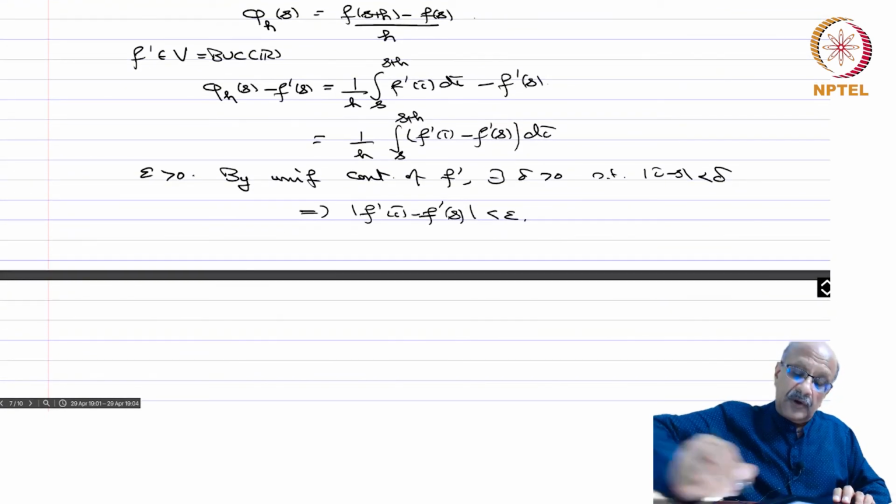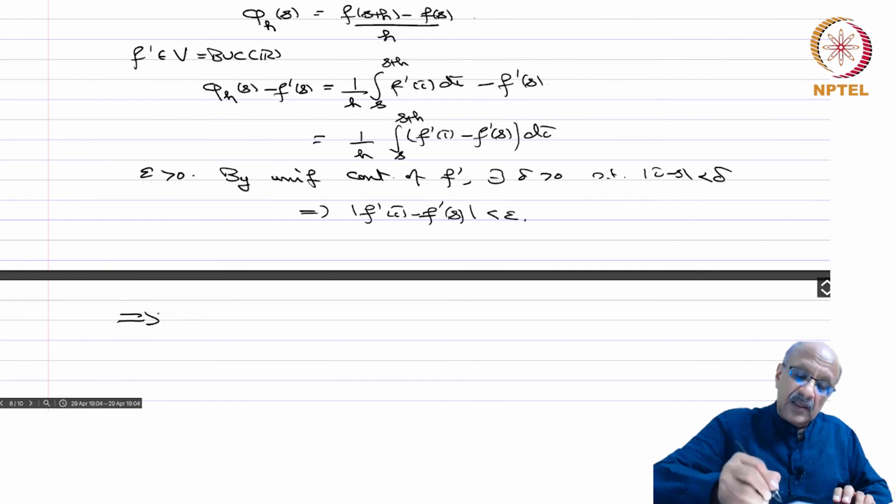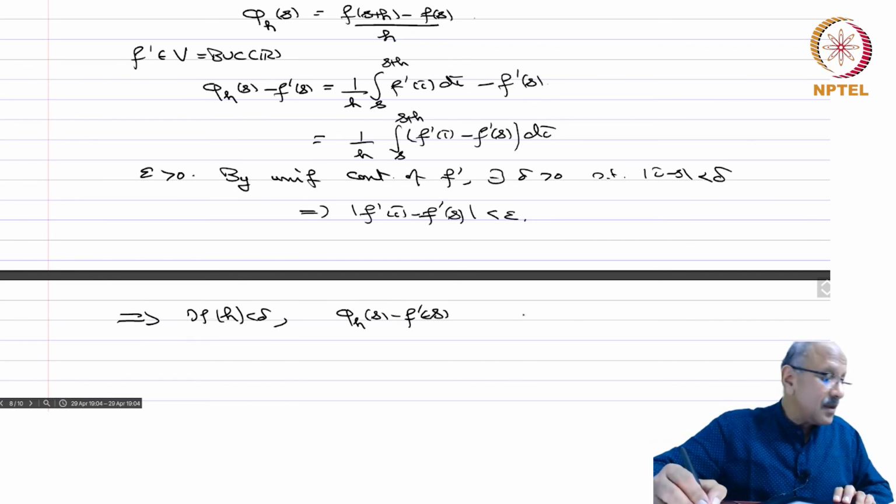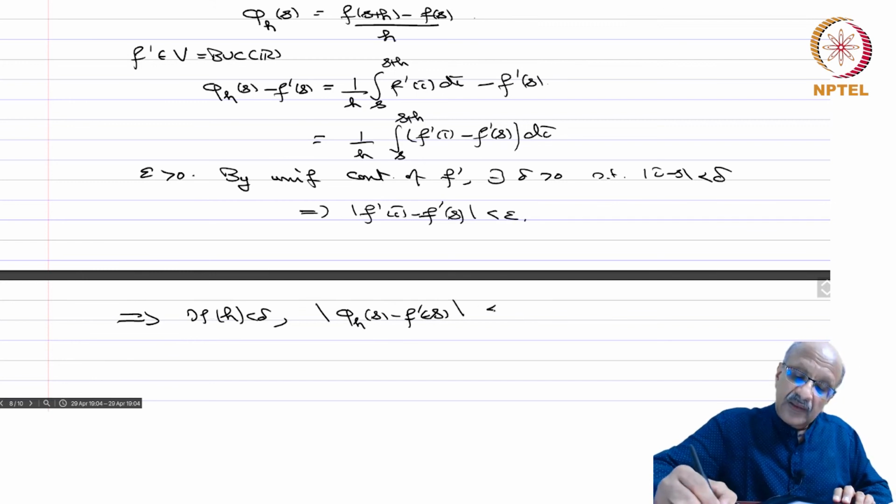This is uniform continuity, and therefore if h is less than delta, we have the modulus of phi h of s minus f dash of s is less than or equal to 1 by h integral of mod f dash tau minus f dash s, which is less than epsilon.